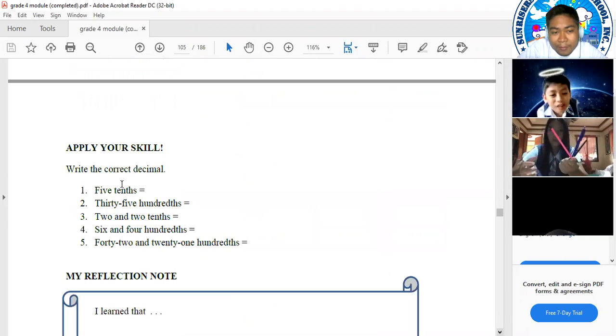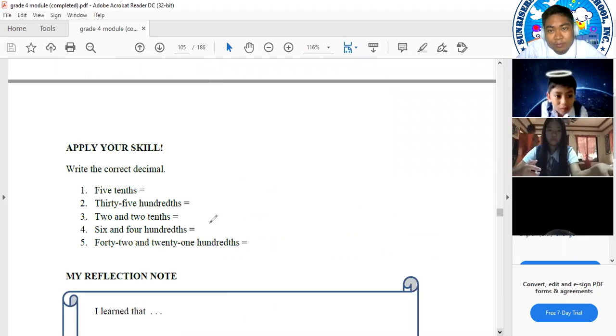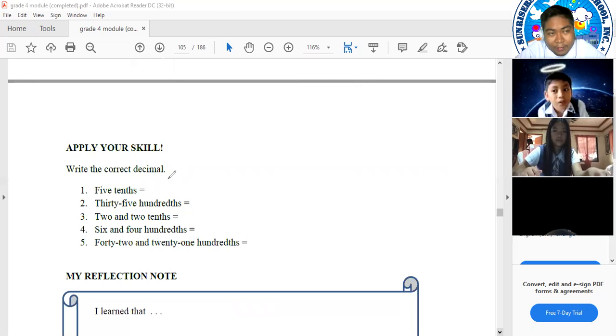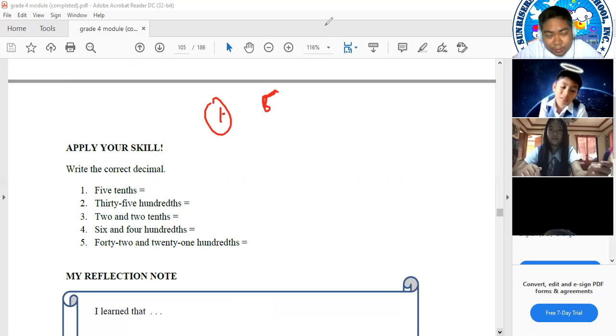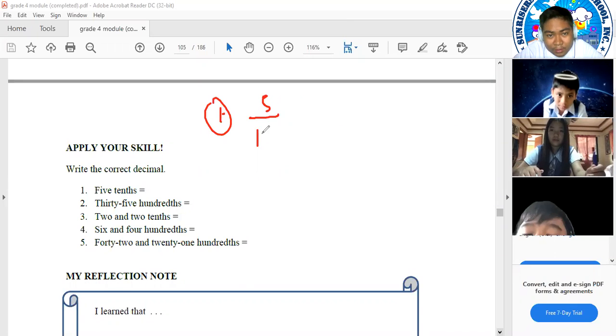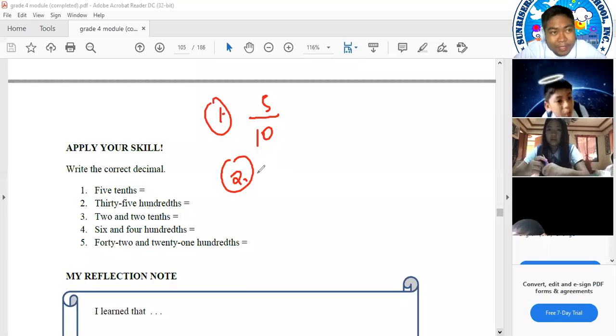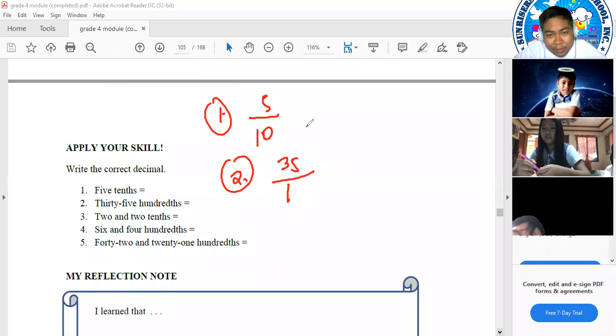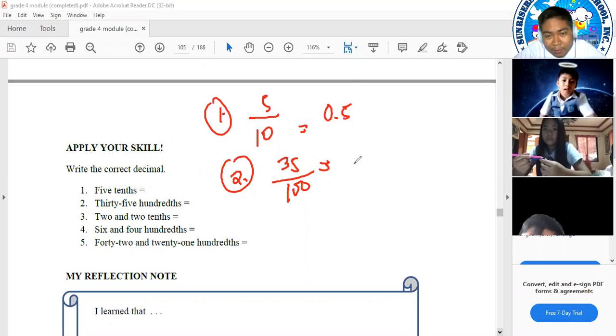So let's try 5/10. We have 5 over 10, di ba? How about number 2? 35 over 100, equivalent to our decimal 0.35.